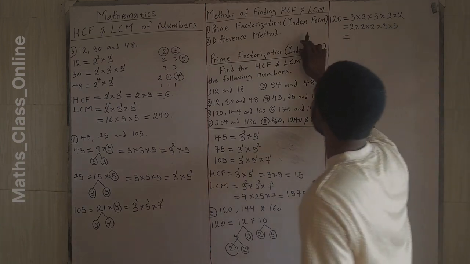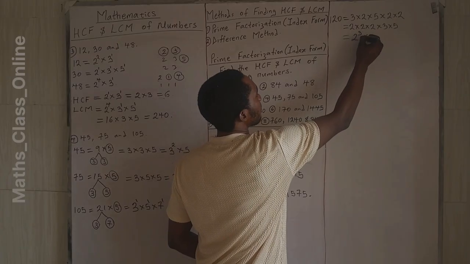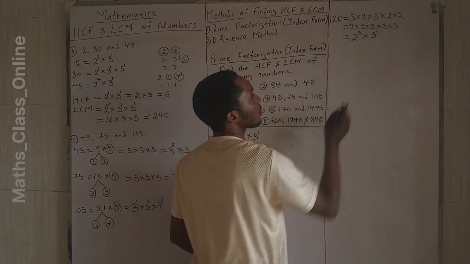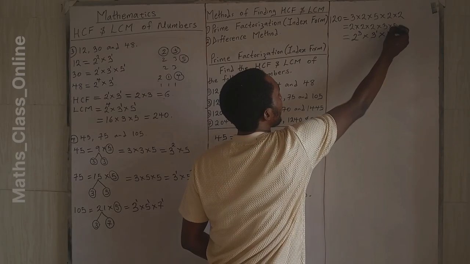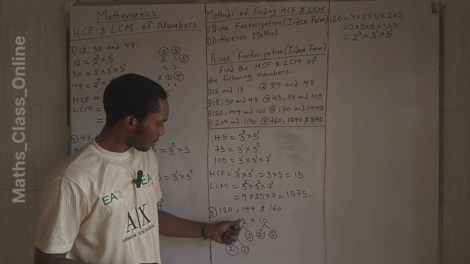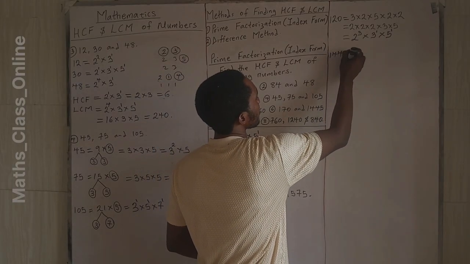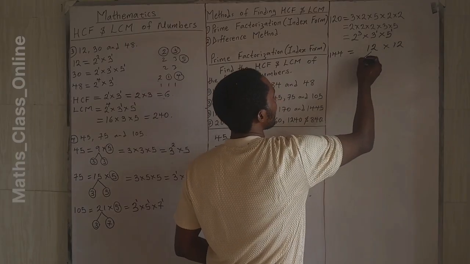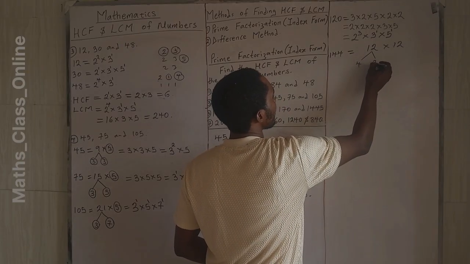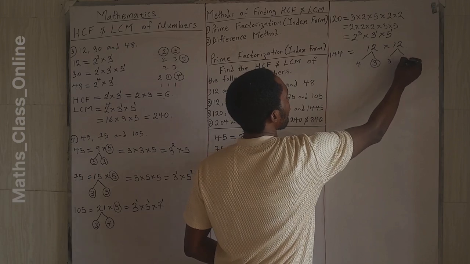In index form, 2 raised to the power of 3 multiplied by 3 raised to the power of 1 because it is only 1 three we have, and 5 raised to the power of 1. Next is what? 144. This is the same thing as 12 times 12. And this is 4 times 3. 3 is prime. 3 is also prime.